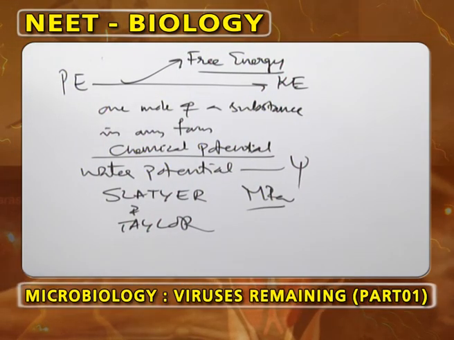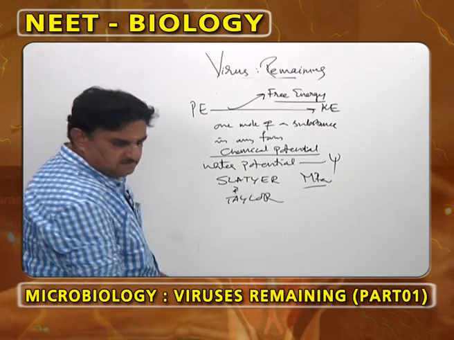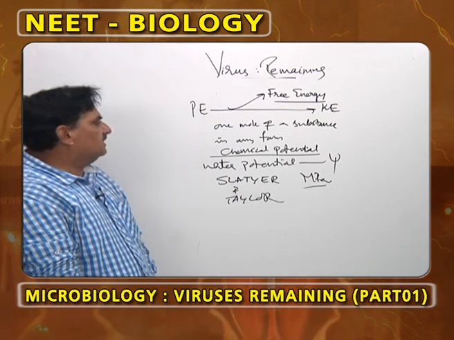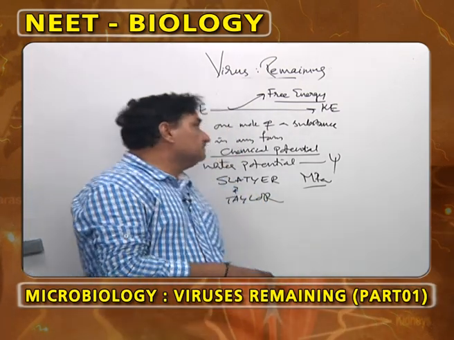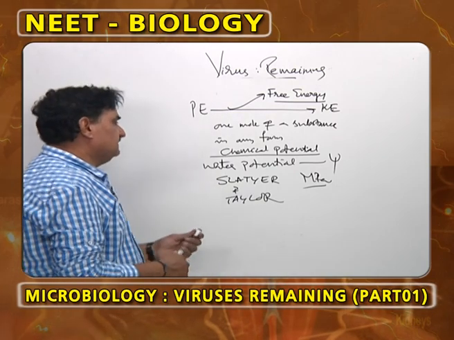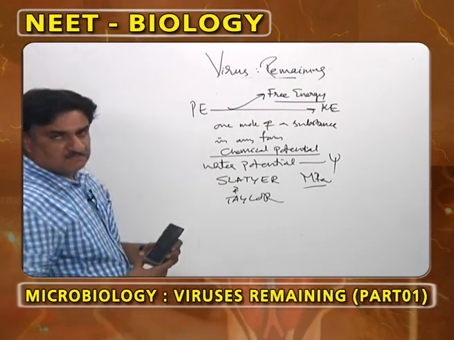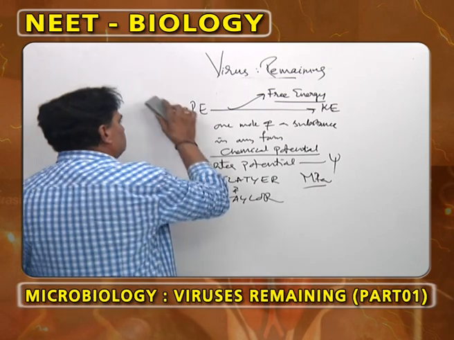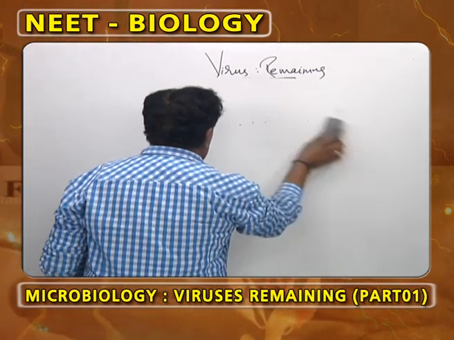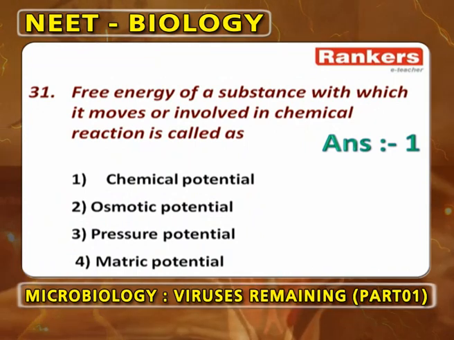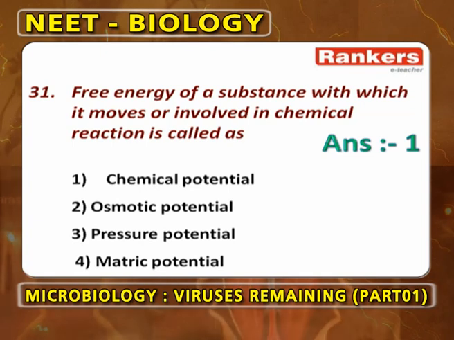So, whenever the potential energy of a substance is converted into kinetic energy, definitely an amount of energy is liberated, which is popularly called free energy. This free energy is useful to perform any step or reaction anywhere. The free energy present in 1 mole of a substance in any form is called chemical potential. The chemical potential of water is called water potential.